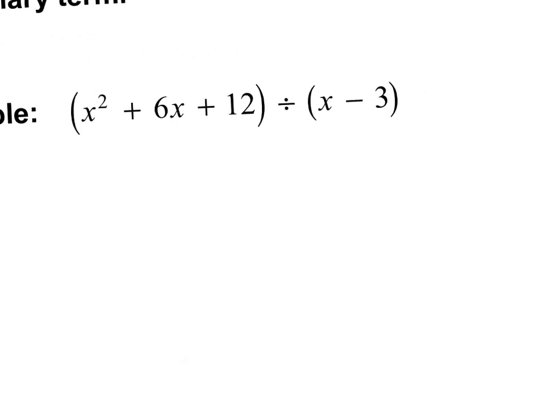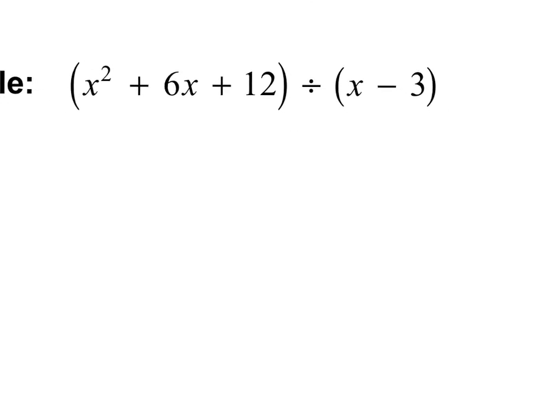So for example, if we look at this example here, long division would be used if I was dividing by something that had a coefficient in front, like maybe a 2x, or a 4x. That you would have to use long division.